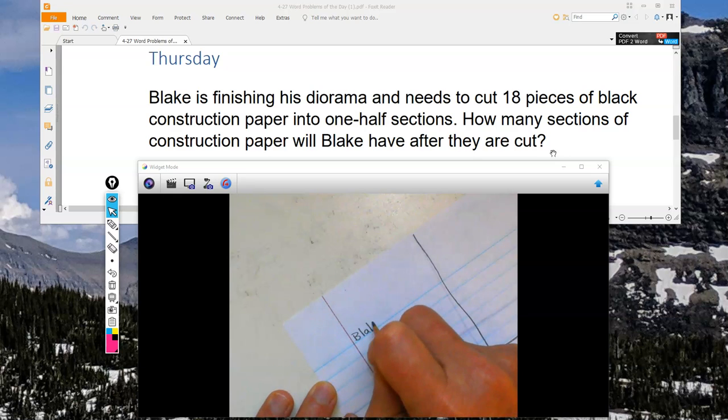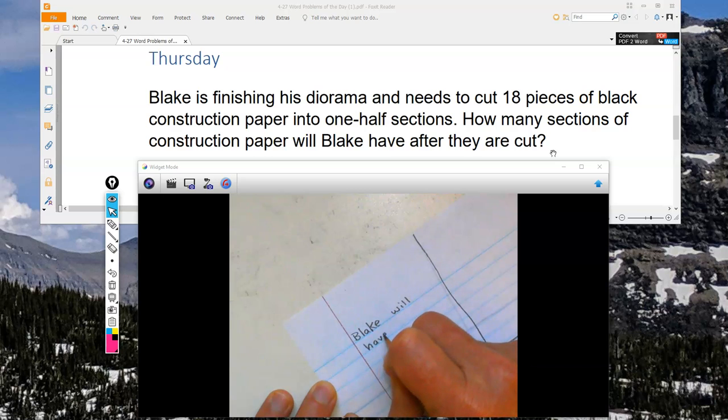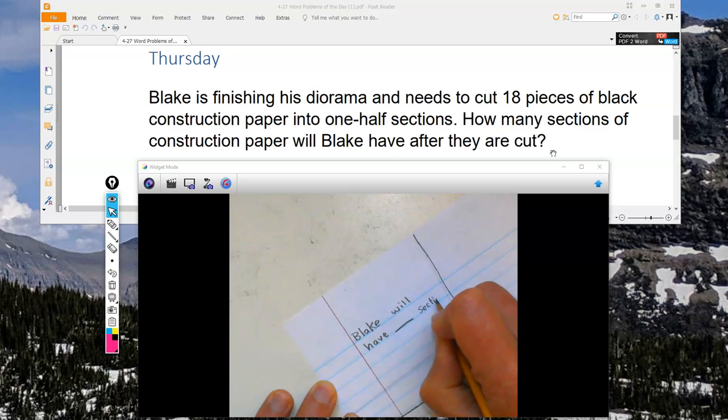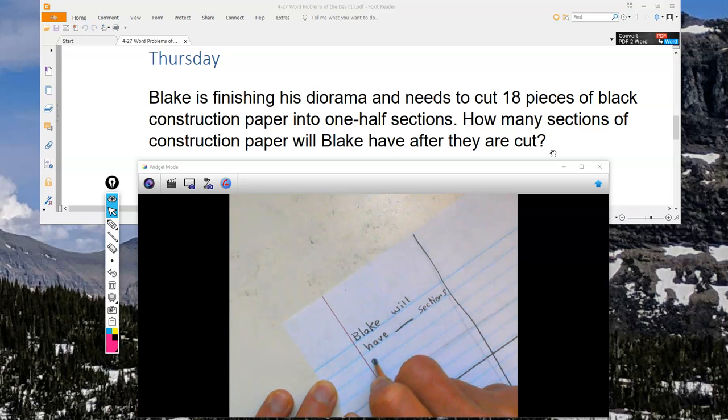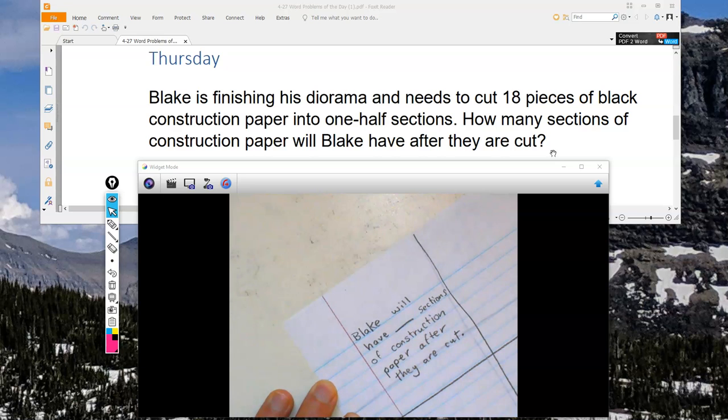Blake will have blank sections of construction paper after they are cut. Make sure you have the words sections, construction paper, and Blake or he. After they are cut is great too.